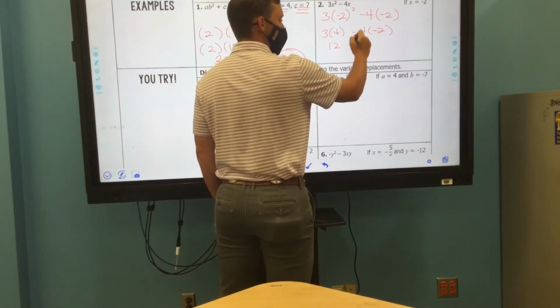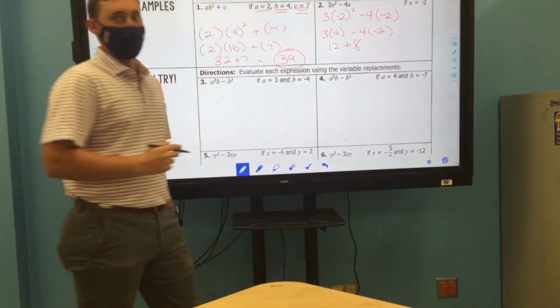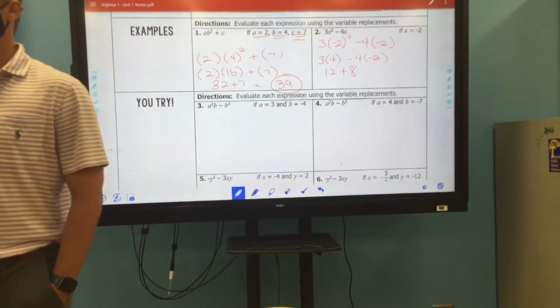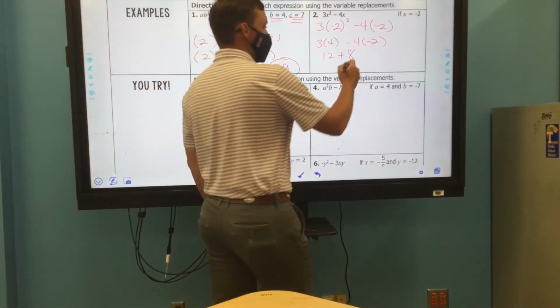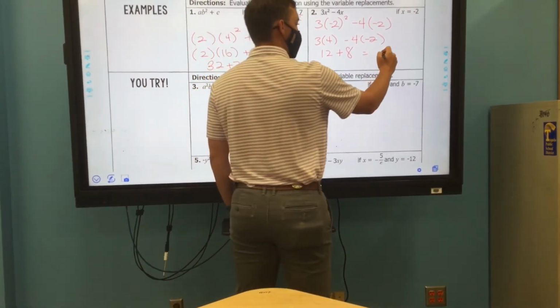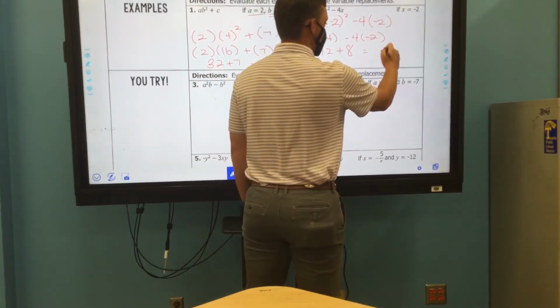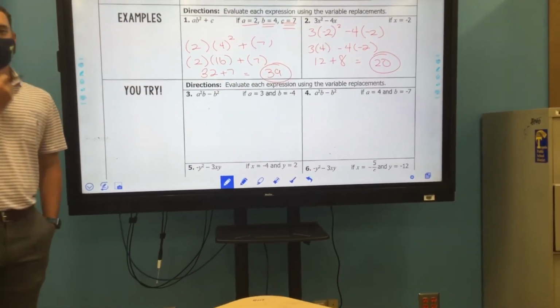Negative times a negative gives us a positive. 4 times 2 is 8. And you can always just plug that in the calculator if you're not sure. I would just use your calculator at the time. It's there for you, for your help. Then 12 plus 8 gives us 20. So we got 20. Any questions on number 2?